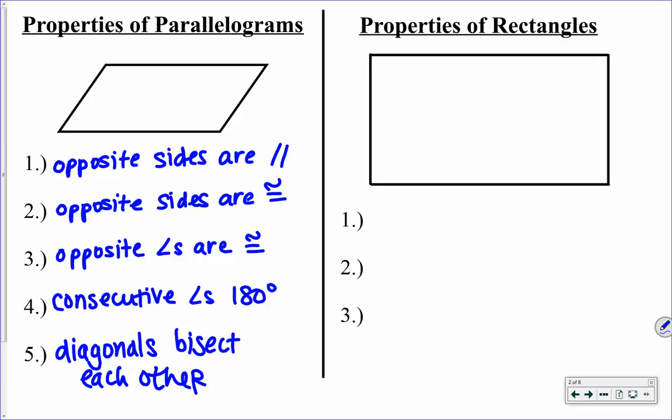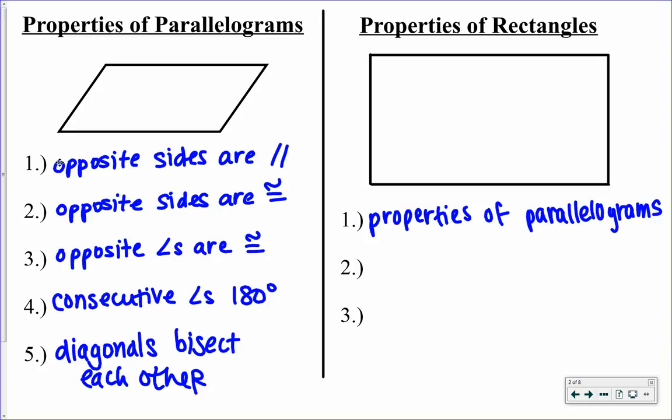So today we're going to be talking about rectangles and squares. First off, let's talk about the properties of a rectangle. Well, a rectangle is a parallelogram, so it will have the properties of parallelograms. But there's 2 special properties that rectangles have, and the first one is that all your angles are 90 degrees.